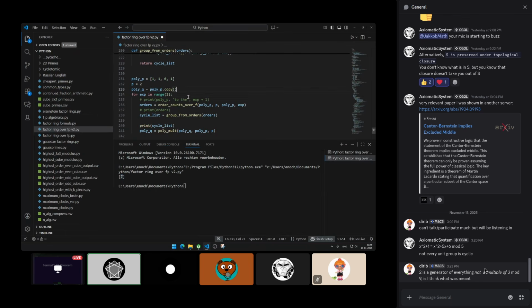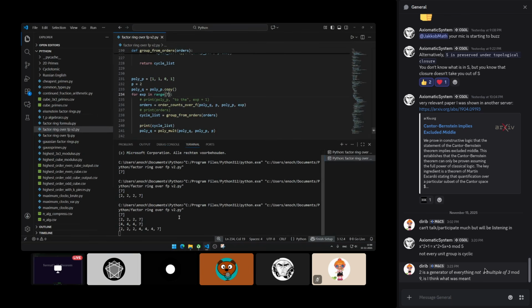Now, if we try the second power, we get a 2 cycle times a 2 cycle times a 2 cycle times a 7 cycle. So already this has failed. We don't get single cycles with powers of prime polynomials. And then if we raise this a bit higher, let's see what happens.